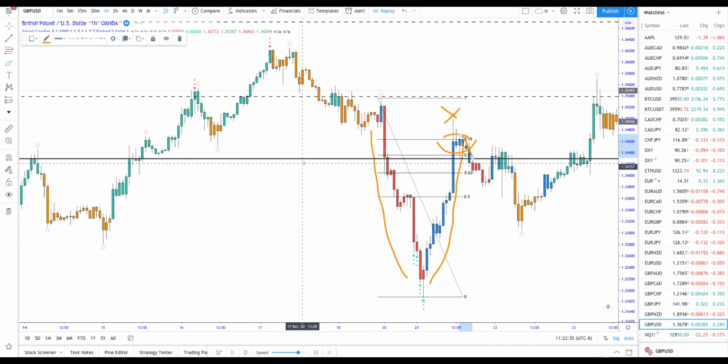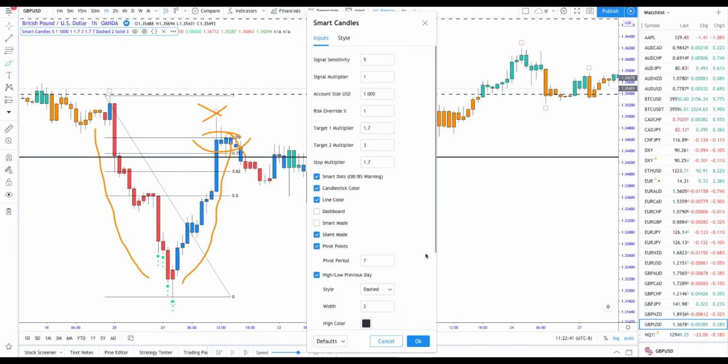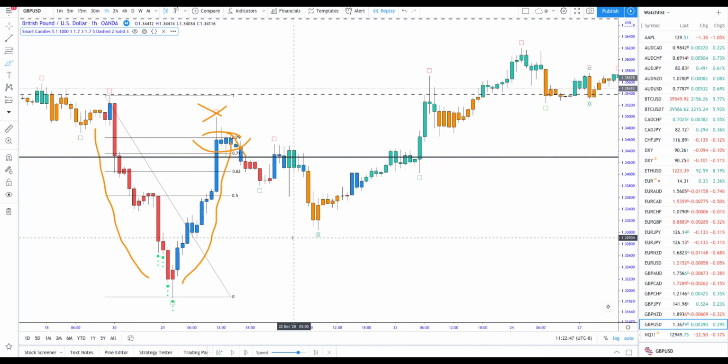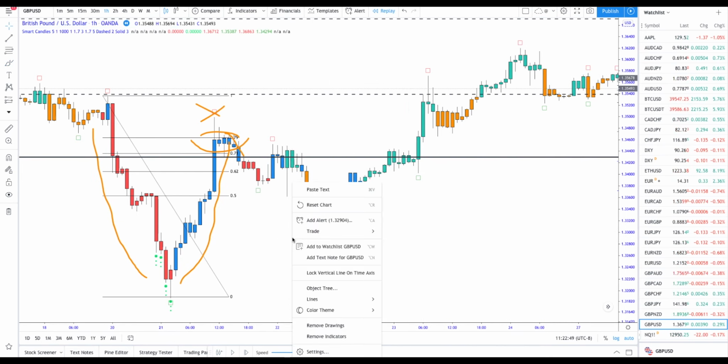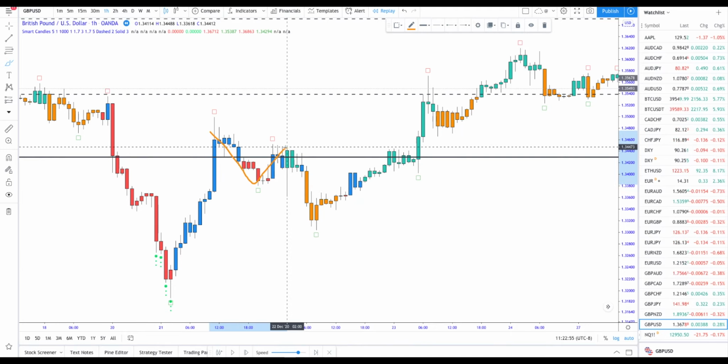All right, so along with being able to help you identify market structure, you can adjust this as well. Right now it's on period 5, which is going to be that period where you're going to be able to get every single movement identified.